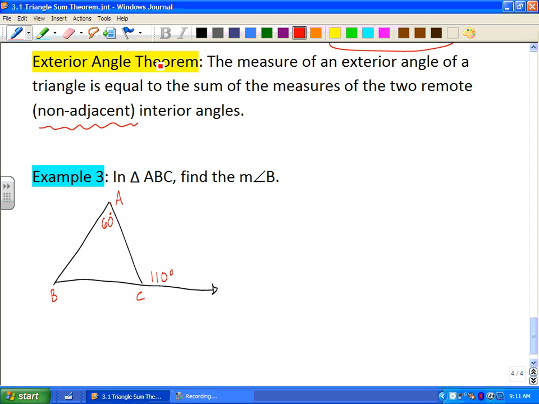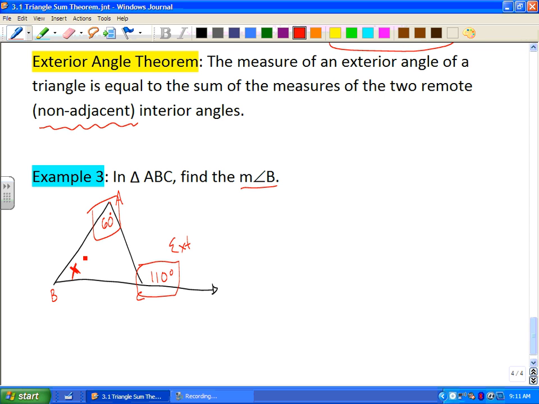Using the exterior angle theorem, it wants you to find the measure of angle B. All right, I'm going to call that X. The exterior angle at vertex C is 110. That's an exterior angle. An exterior angle is equal to the sum of the 2 non-adjacent angles.